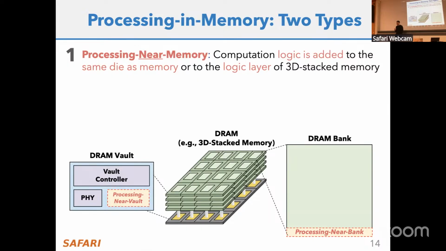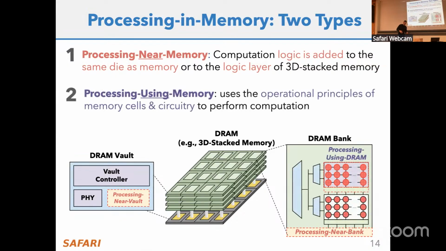The main difference is the integration of that compute with the memory. So you design your logic and you design your memory, and you integrate that logic closer and closer to the memory arrays themselves. But still there is some separation between what is logic and what is memory. This is much easier to integrate in current systems, and it is this type of system that we are seeing reaching the market right now from main memory manufacturers.